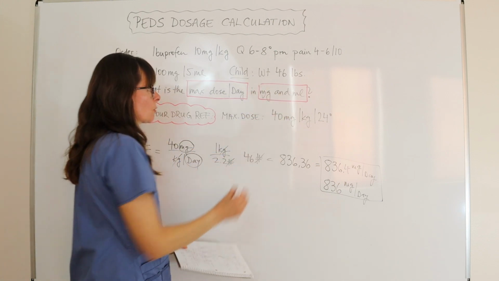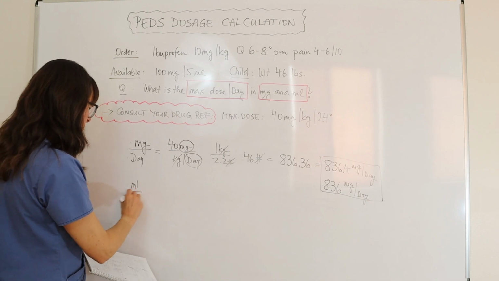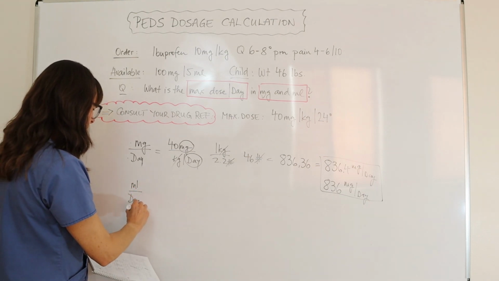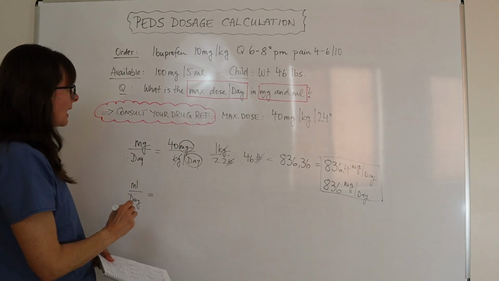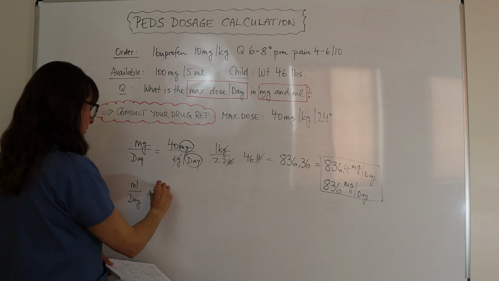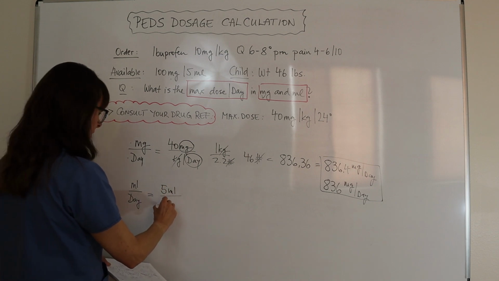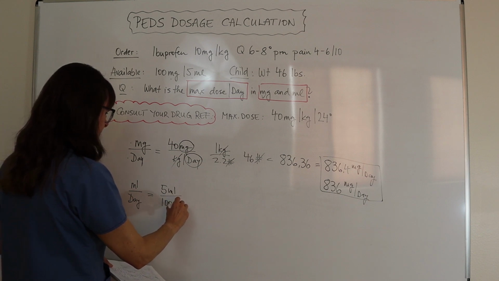So now let's move on to milliliters. The same setup here, milliliters per day is what we're looking for. And so now I need to go back and refer to what's available. So my 5 milliliters goes on top over my 100 milligrams.